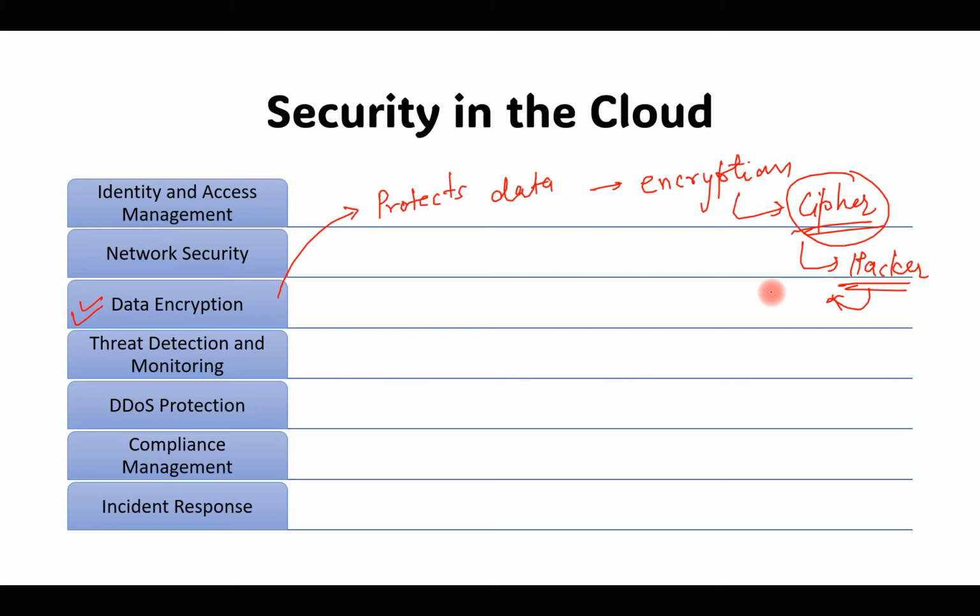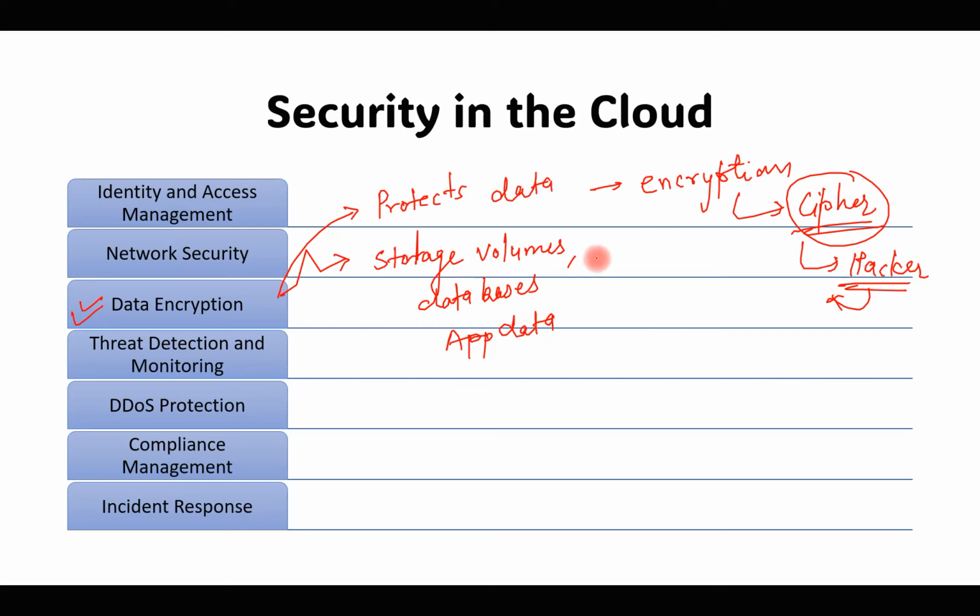So where can we use it? We can use it to encrypt cloud storage volumes, databases, and application data. We can use it for storage volumes, for databases, and also for application data.